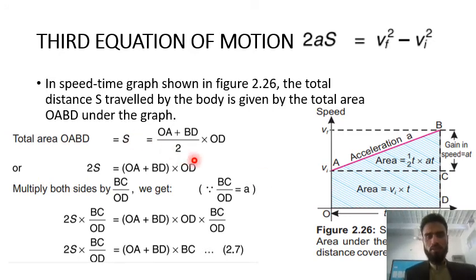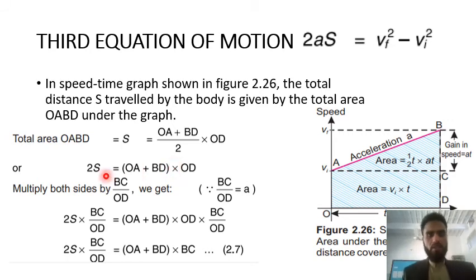So we get this formula. Now just putting the quantities represented by these lines, we will get the equation. So this 2 will be multiplied to this side, or you can cross multiply. This will be 2s is equal to OA plus BD multiplied by OD, the same is pasted.